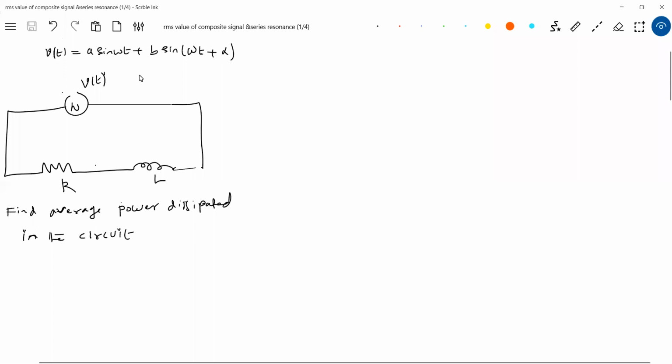We'll calculate the RMS value of this function. So what is the generalized approach? What we have is VRMS. I'll proceed this way. We have a generalized formula: VRMS square is equal to 1 by T, integral 0 to T, v square dt.